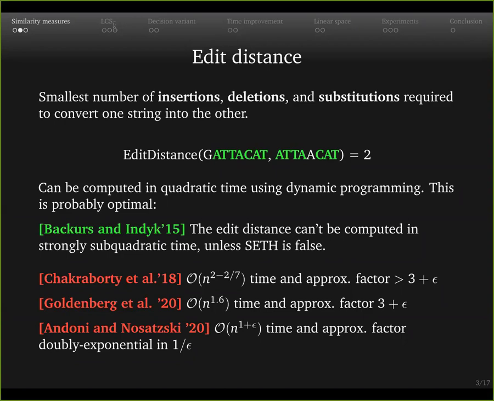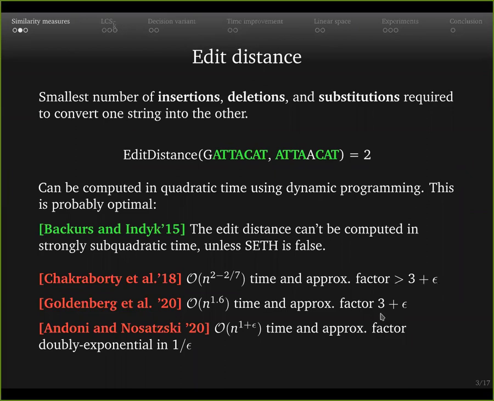However, there have been recent results in approximating the edit distance. One in 2018 by Chakraborty gave n to the power 2 minus 2/7 time and an approximation factor above 3 plus epsilon.